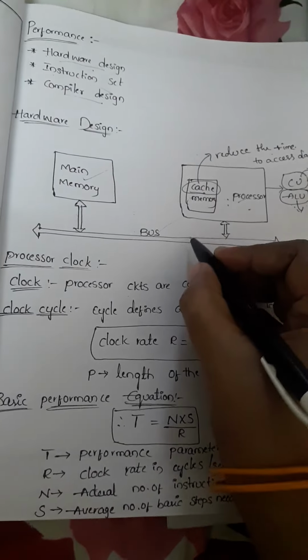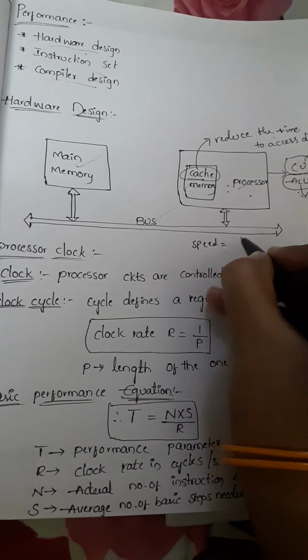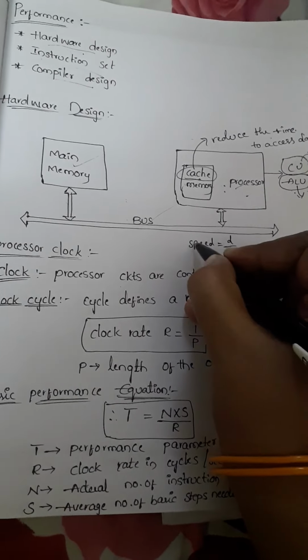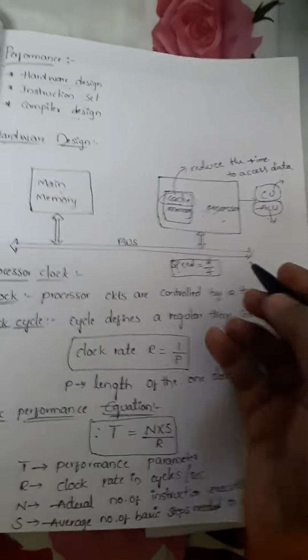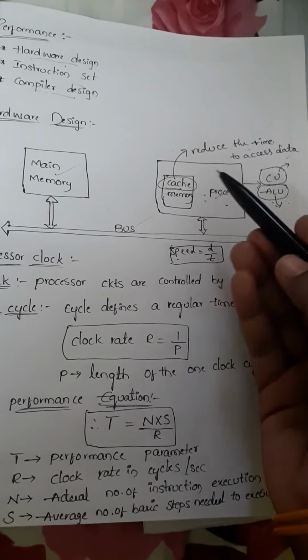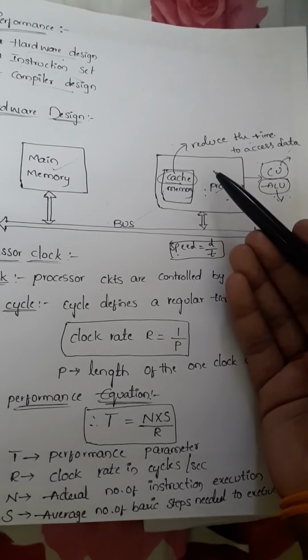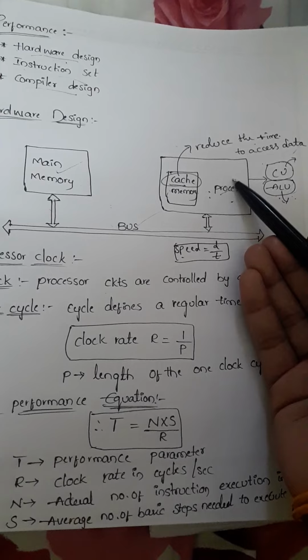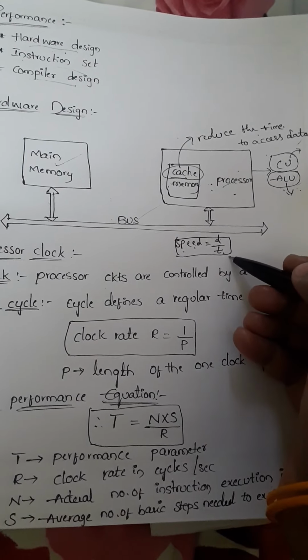You know what the speed formula is, right? Speed is nothing but displacement by time, or distance by time. From physics we know this formula. So if the data access time is reduced, automatically we can say that speed is increased. Speed and time are inversely proportional here.